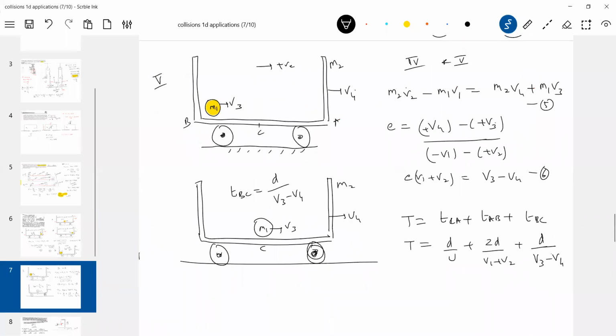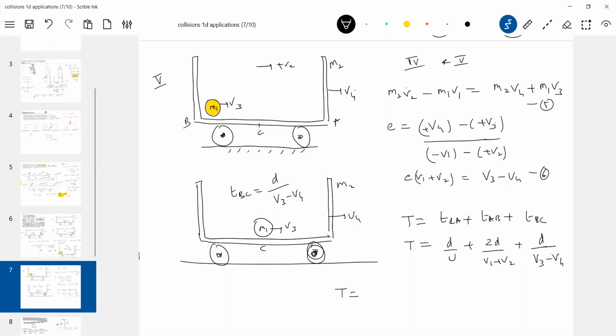Again, we should calculate V3, V4. We know V1, V2. V3, V4 has to be determined. You do the calculation, I'll write down the answer. We'll take the next one, no problem.